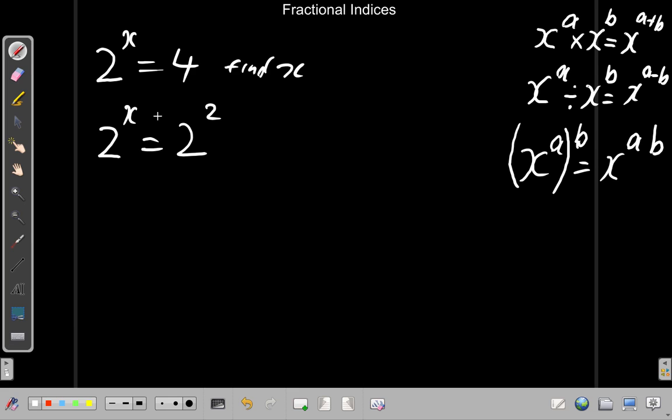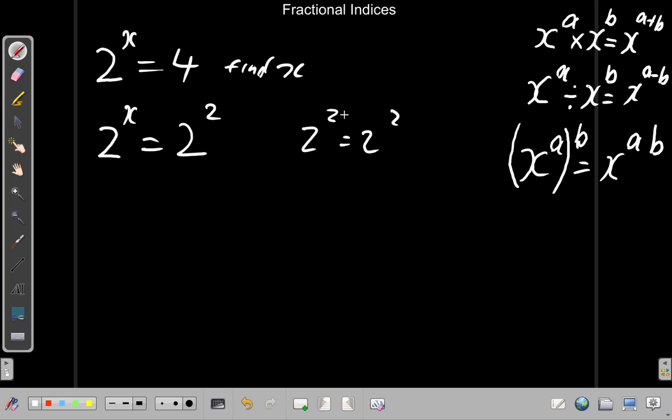Now, if 2 to the x is equal to 2 to the 2, is it possible that x could be 3? If that is so, you would be saying 2 to the 3 is equal to 2 to the 2. No, that couldn't work. Could it be that x is 1? 2 to the 1 is different from 2 to the 2. Could it be that 2 to the 2 is equal to 2 to the 2?